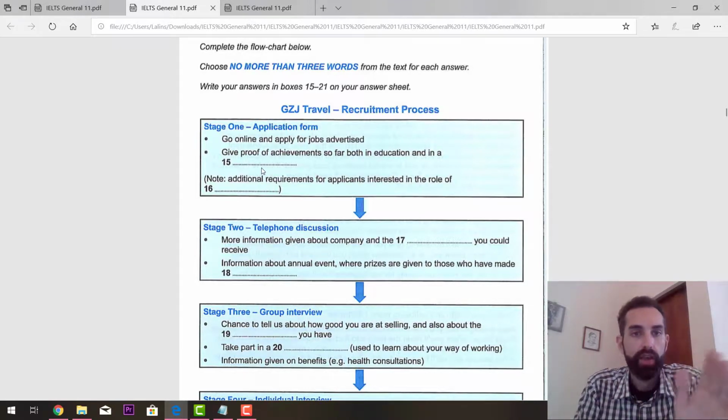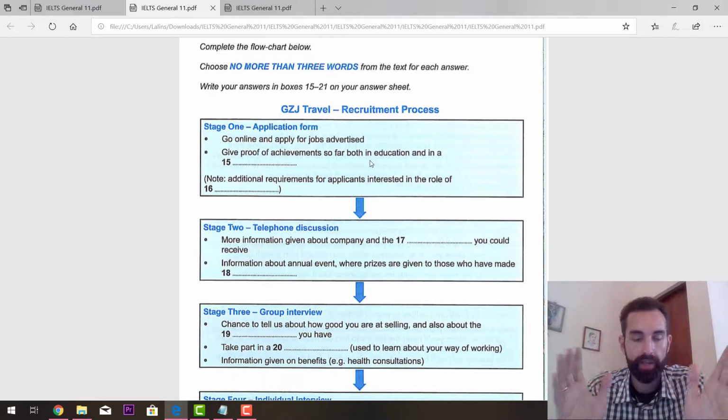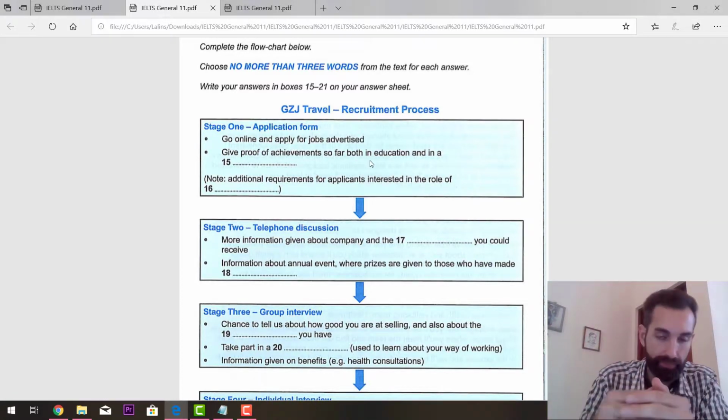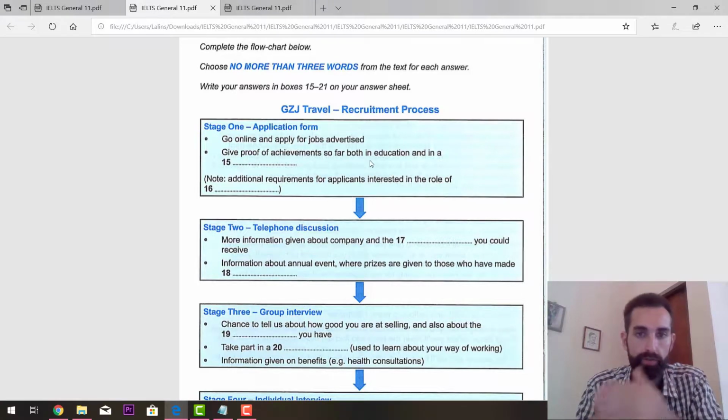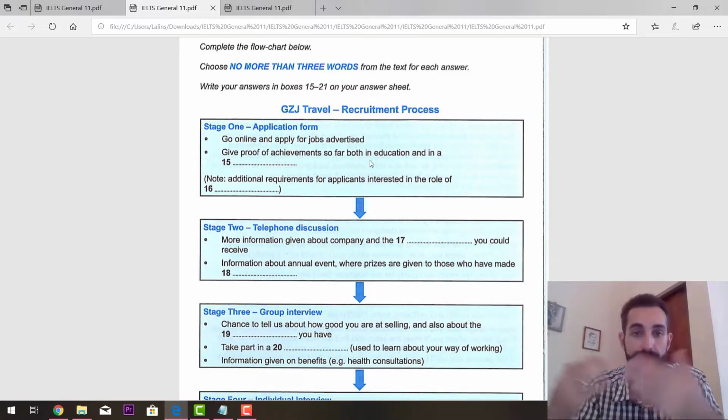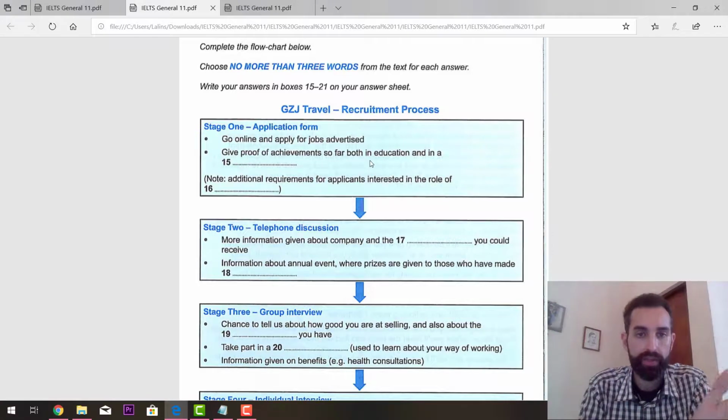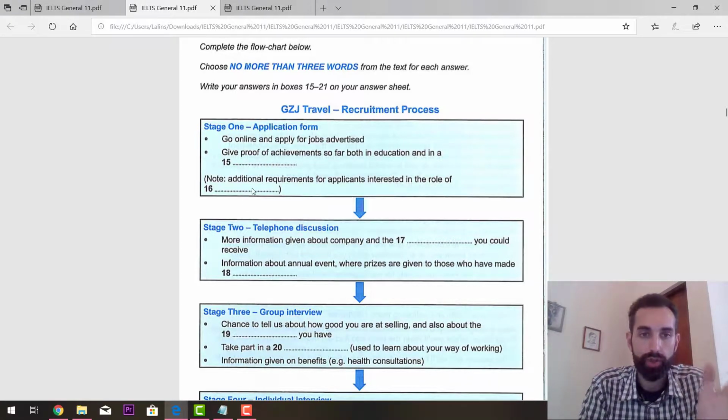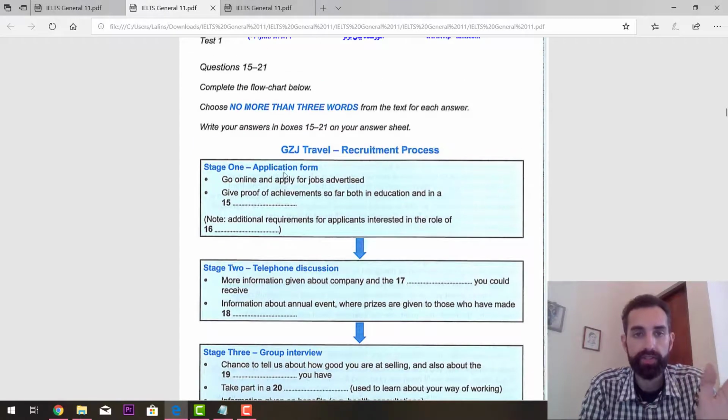And for 15, we're looking for a field, so a field of study or business or work, basically something that you'd work in or have experience in. So that's what we'll be looking for for 15, and 16 is the actual job title. So that's what we're looking for in this paragraph.